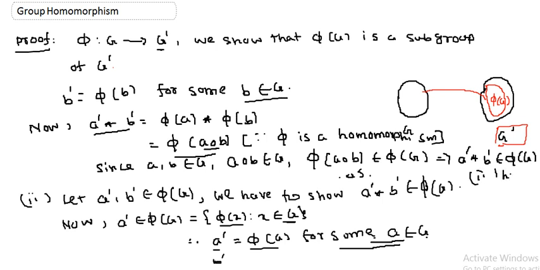So these are the conditions: the first condition and second condition to verify whether the subset is a subgroup, they hold.